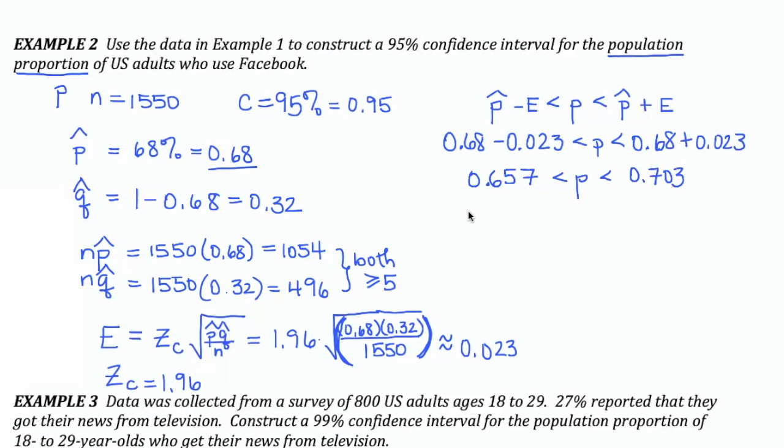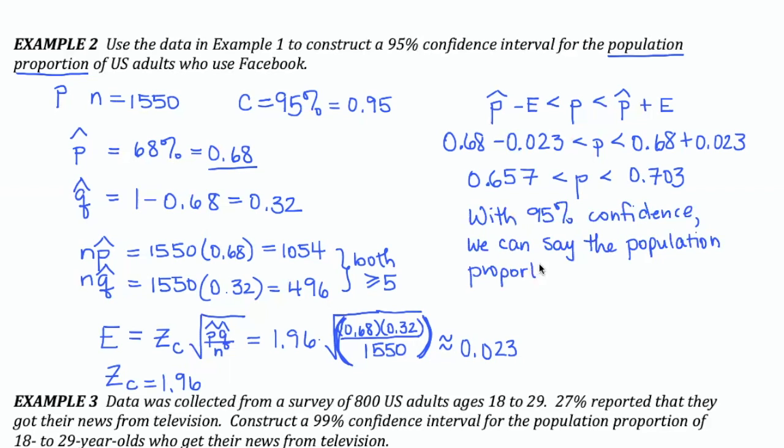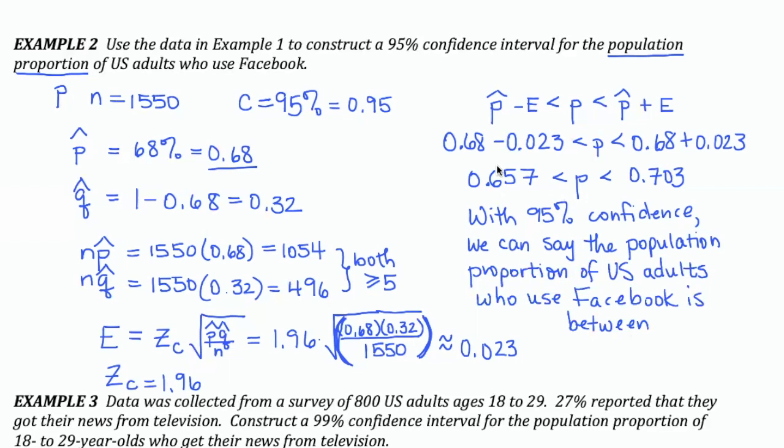If I was asked to interpret this result, I would say that with 95% confidence, we can say the population proportion of US adults who use Facebook, remember that's what a success was, is between, and remember the p-values are probabilities, they are just percentages.